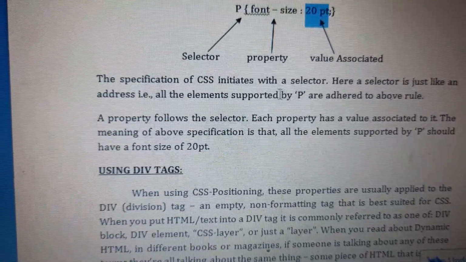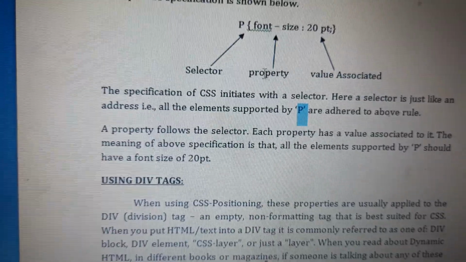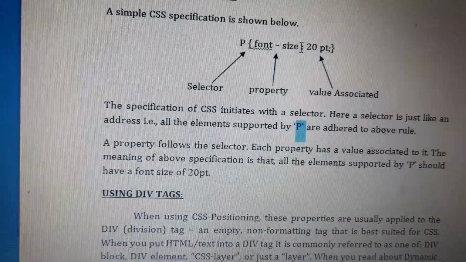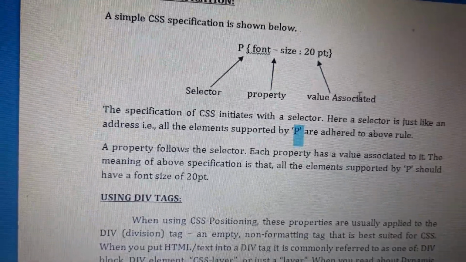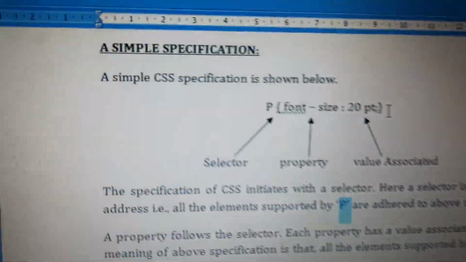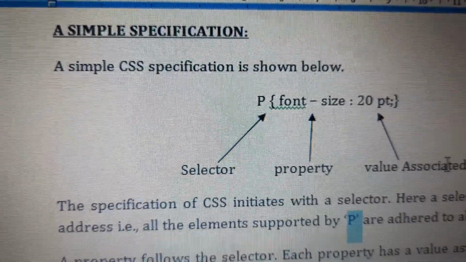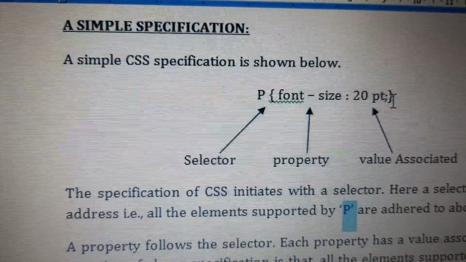So therefore P is called a selector, and font-size is a property. Thereafter the colon separates the property and the value associated. The 20pt is the value, and after that you can see a semicolon. At the end of the value associated to a particular property, we have to put a semicolon.